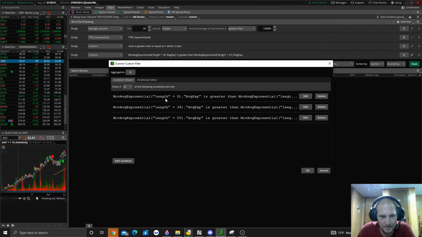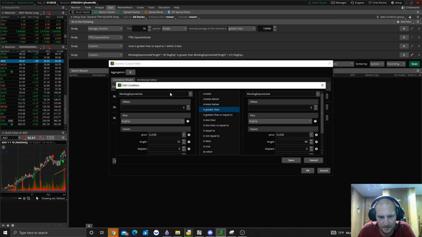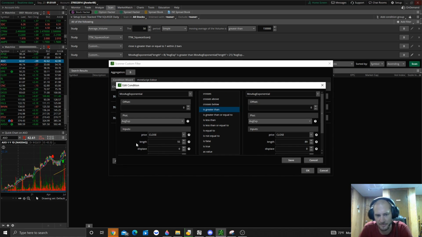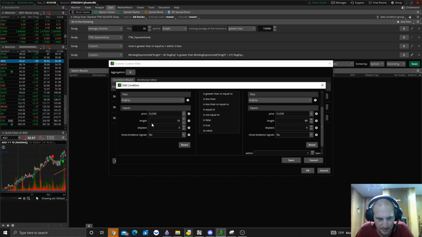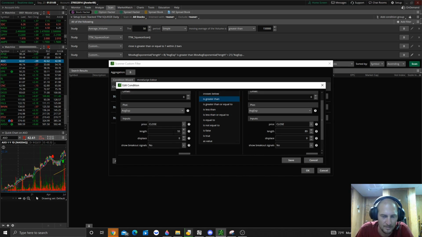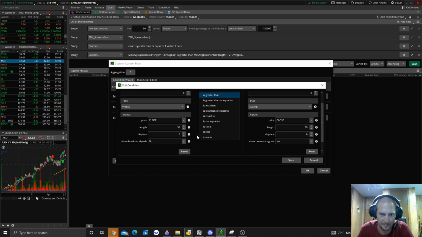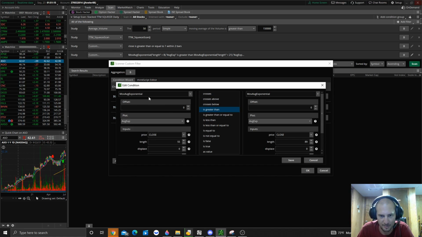All this is, the 55 moving average is greater than the 89 moving average, and these are all Fibonacci numbers. They're the same Fibonacci numbers that John Carter uses for his scanners. You want to learn how to use an indicator, do the same thing the guy who created it did, right? 55 moving average is greater than the 89 exponential moving average.